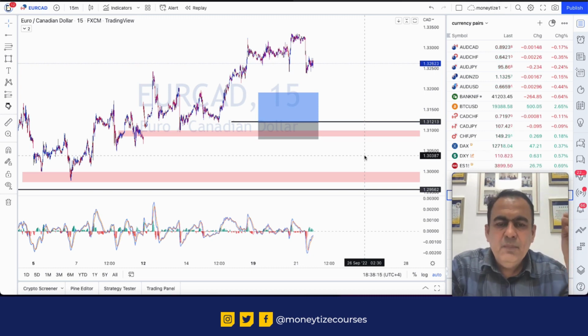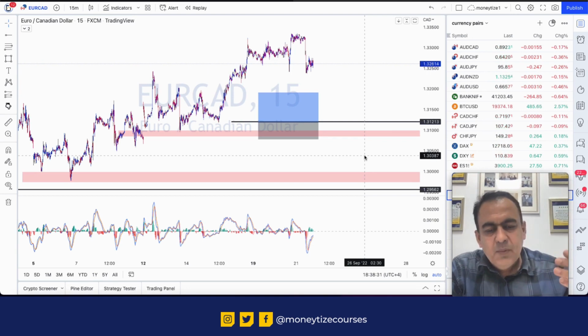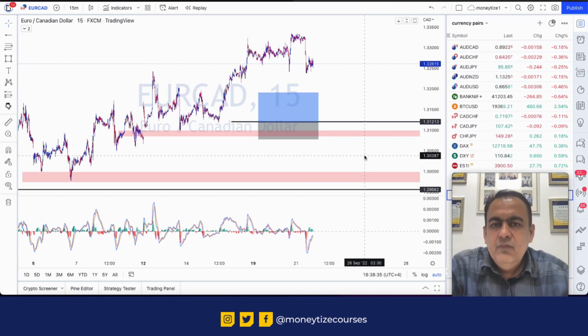Trust me, if you're making around 15 to 20% returns on a monthly basis, that's amazing, and you'll be doubling your capital if you are consistent. I'm emphasizing it again and again: if you are consistent. Not that in the first month you made 15% profit, the second month you're down 30-40%, the third month you're again making 15, 20, 30% profit, and the fourth month you're down again. That would not be good for your account.